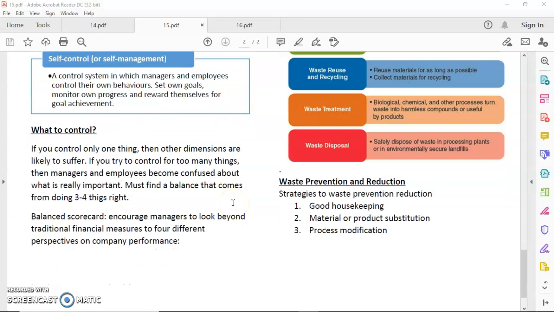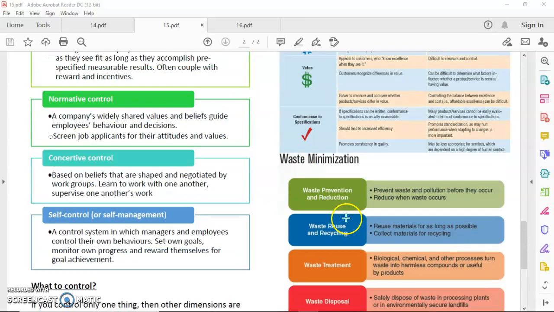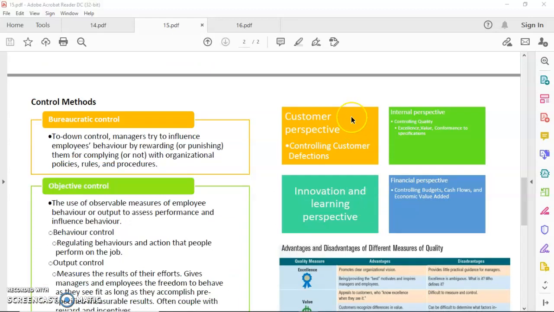Also, balanced scorecard encourages managers to look beyond traditional financial measures to 4 different perspectives on company performance. So there's the customer perspective, internal perspective, innovation and learning perspective, and the financial perspective.